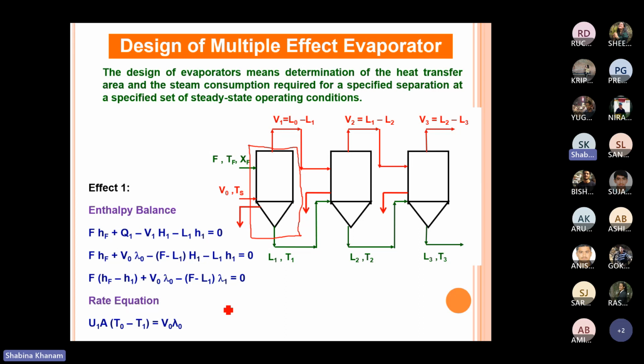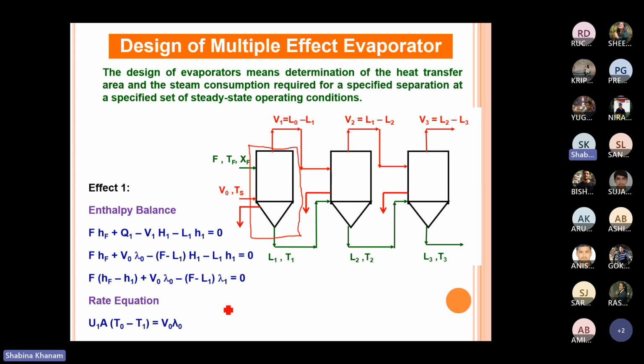U1 is the heat transfer coefficient in the first effect, and how will we obtain that U1? Vaporization or boiling is occurring inside the tube, and condensation is occurring at the shell side. You have read both contents, reboiler as well as condensation, so you can find out U1.